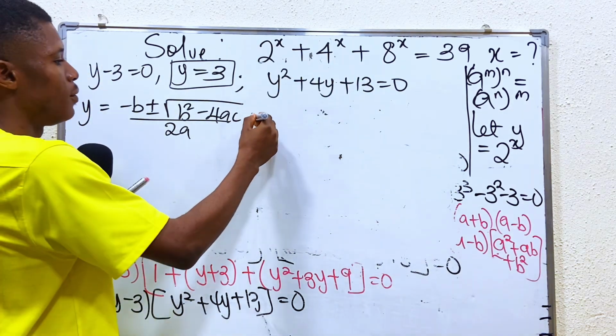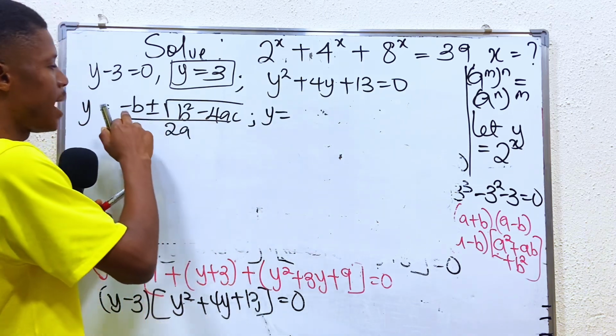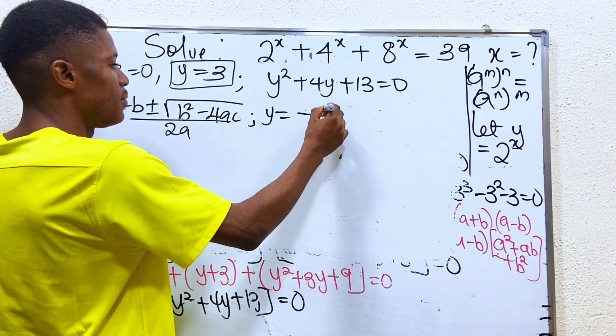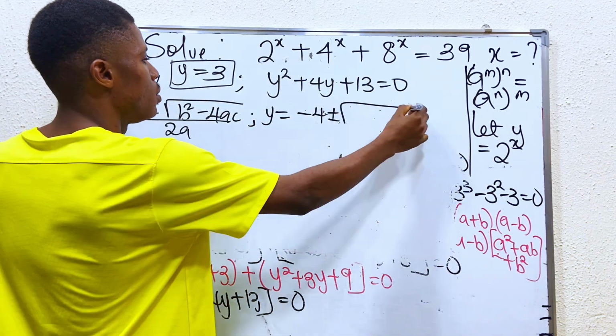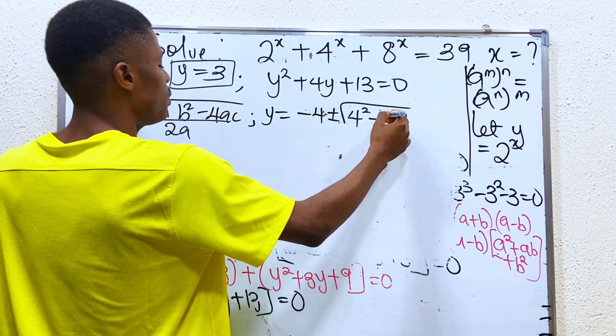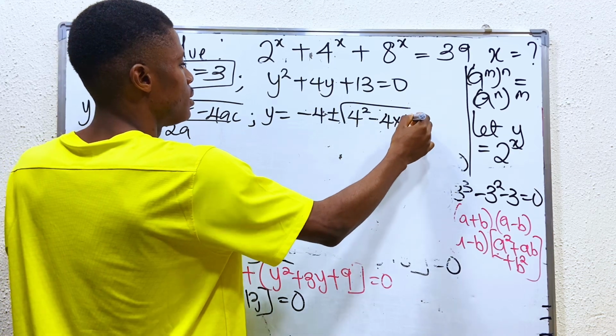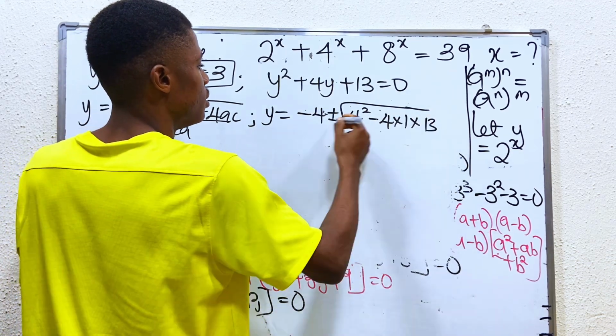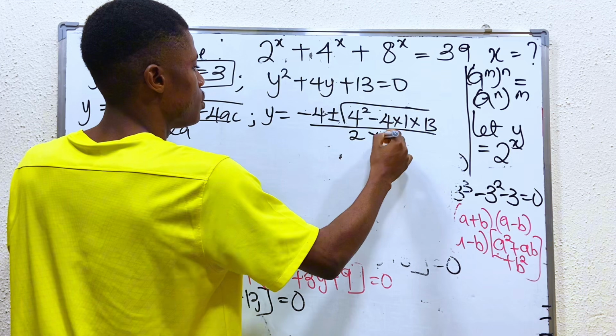So what do we have? y will be equals to minus b, which is minus 4, plus or minus the square root of 4 squared minus 4 times 1 times 13, divided by 2 times 1.